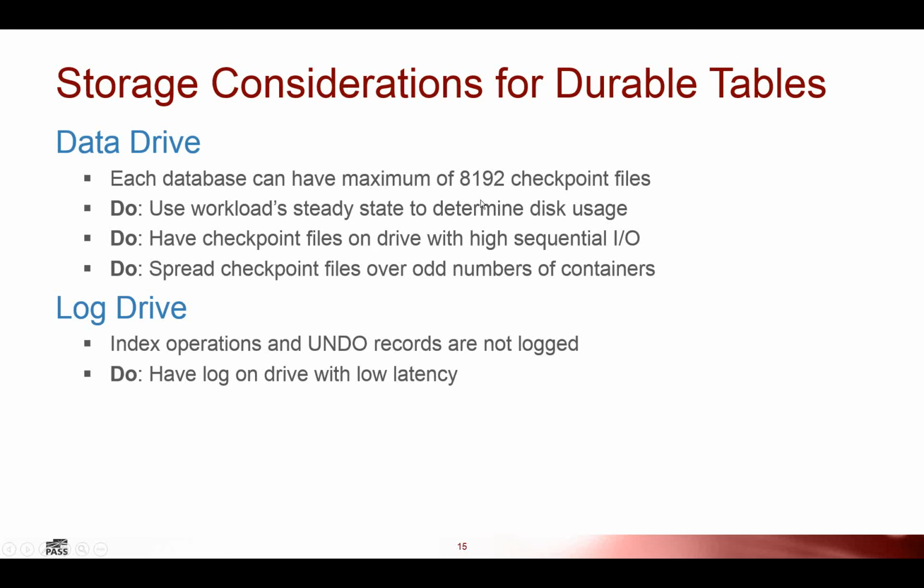This is because checkpoint files are created in pairs: a data file that contains the row information, and a delta file that contains the modified information. These two are created in round-robin fashion. So if you have two containers, you're going to end up with one container full of data files and another container full of delta files.